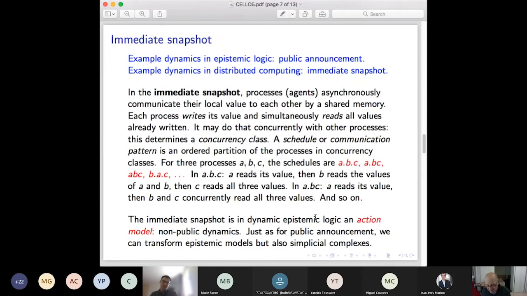Now, going back to dynamics, as an example of dynamics in logic of knowledge, we saw the public announcement. An example of dynamics in distributed computing is, for example, the immediate snapshot.